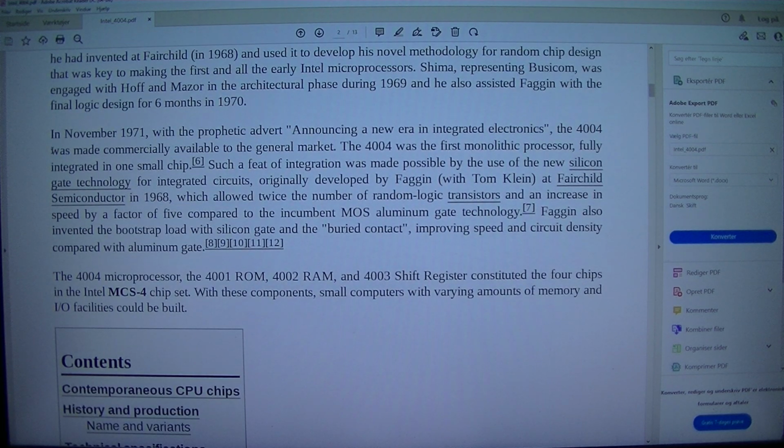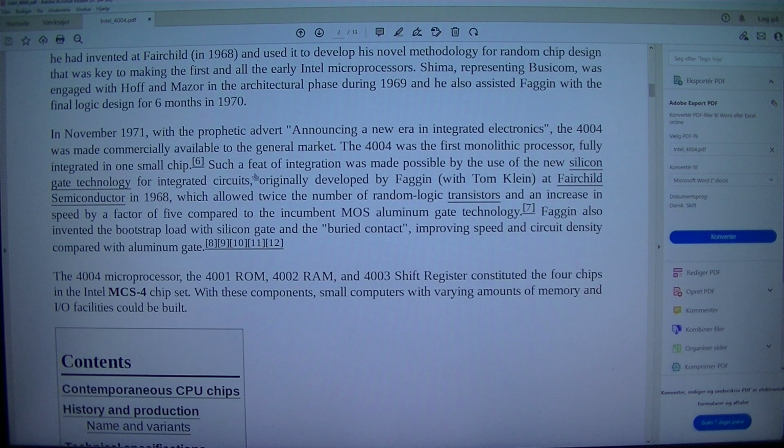In November 1971, with the prophetic advert announcing a new era in integrated electronics, the 4004 was made commercially available to the general market. The 4004 was the first monolithic processor, fully integrated in one small chip.